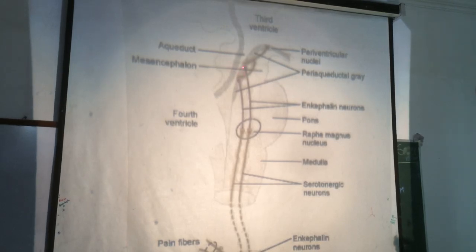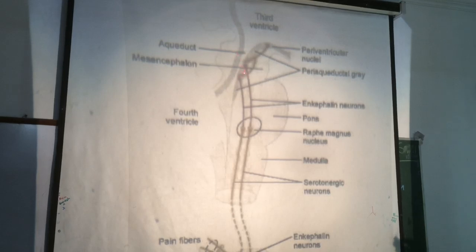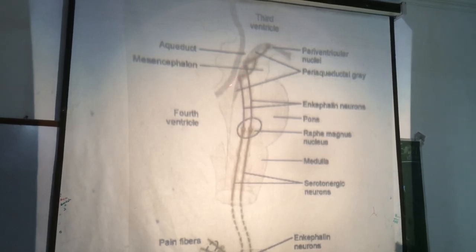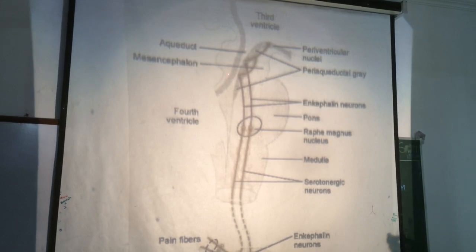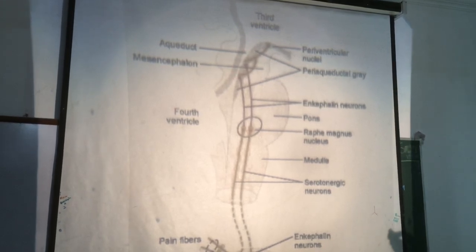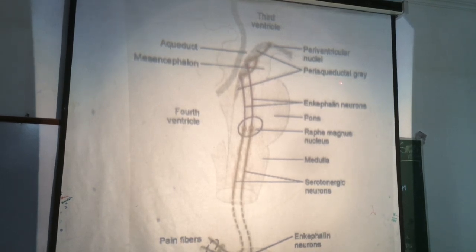And keep in mind, the cerebral aqueduct connects the third ventricle with the fourth ventricle. So along this, there is periaqueductal gray matter.